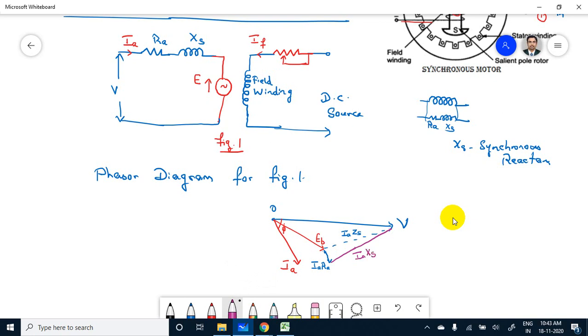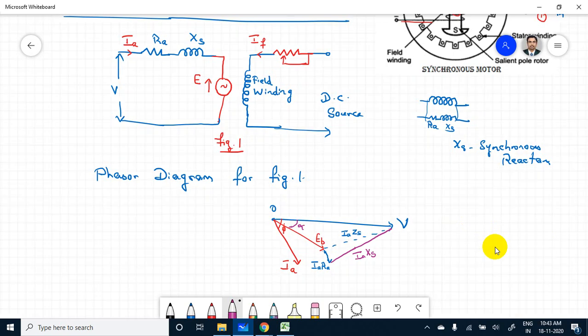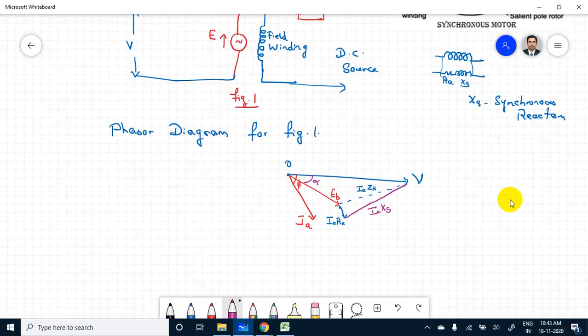Where ZS is the impedance and XS is the reactance term. The angle between EB and V, which I already mentioned, is the load angle alpha. This is the phasor diagram for the above equivalent circuit.